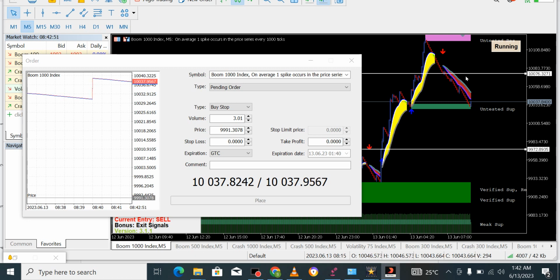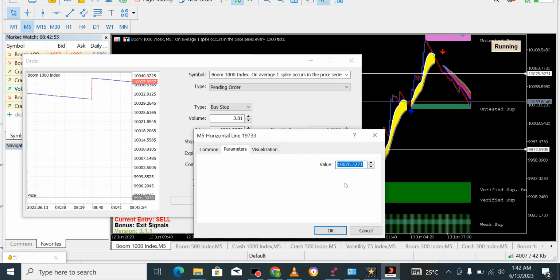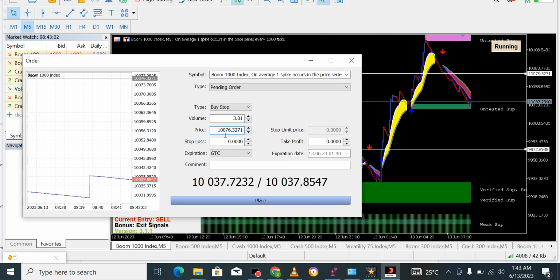Now let's see it. Let me get the parameter for this. You're going to see that for buy stop, I'm going to place the price here. You can see buy stop actually worked for it, and this is a wrong way of setting a pending order for spikes trading in Boom, because it is already above the current action price, which means as the spike is coming up, it will just meet up with your order.